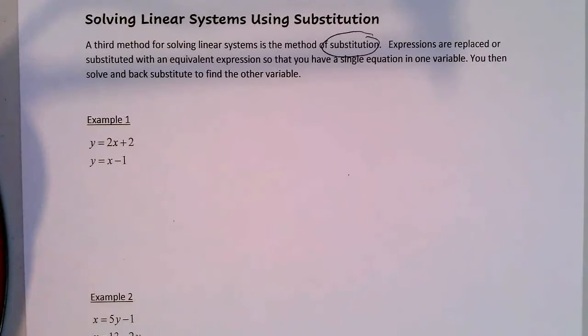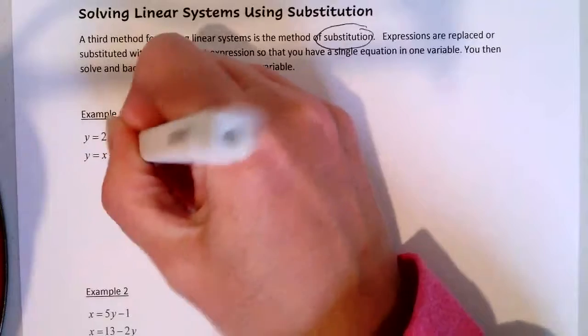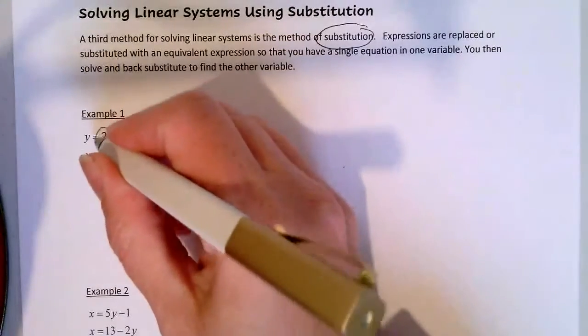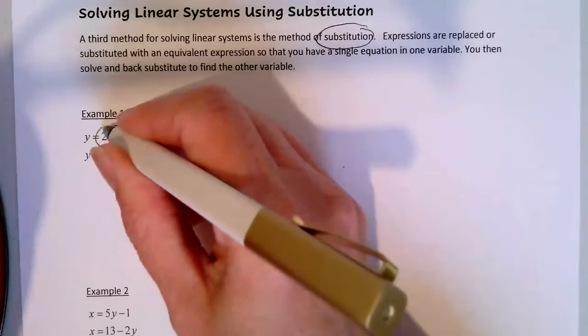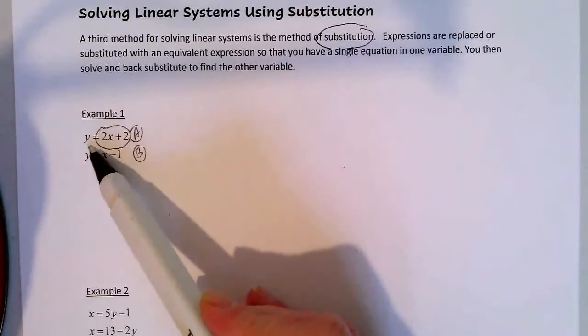And this is a bit tricky. So we have two equations. We have equation A and we have equation B. Now, what we want to do is replace one equation into another. So when you look at this 2x plus 2, what is it equivalent to? Well, it's equal to y.